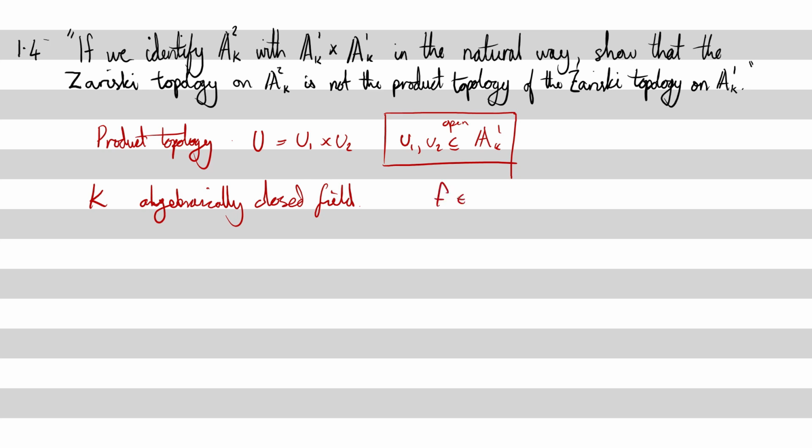Given a function in K[x], we can decompose it into linear factors. So f equals k0 times (x minus k1) times (x minus k2) times dot dot dot times (x minus kd), where d is the degree of f.